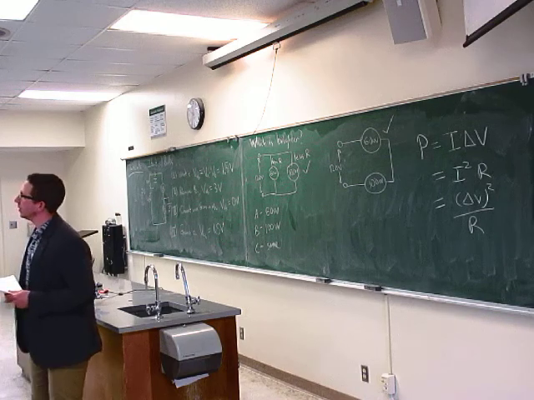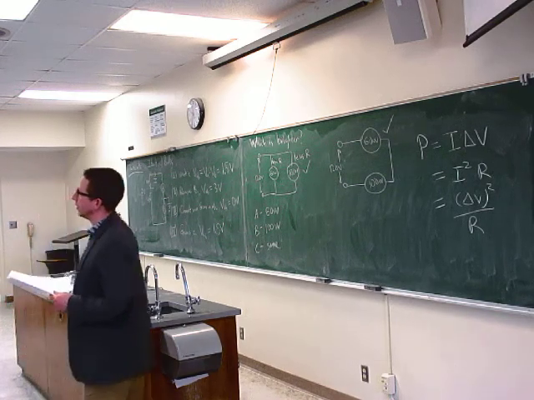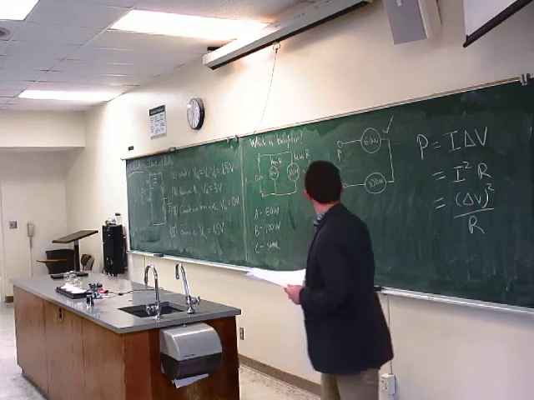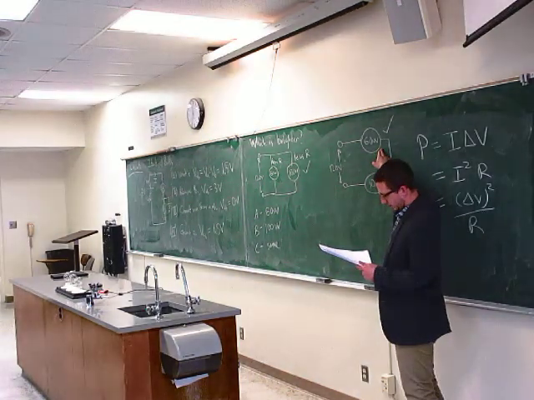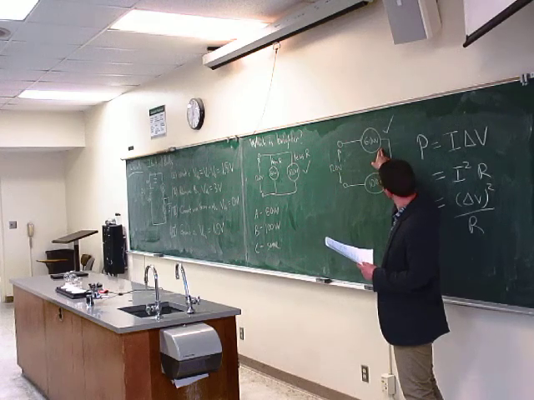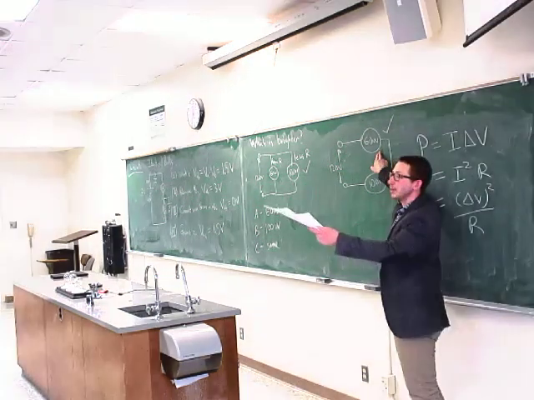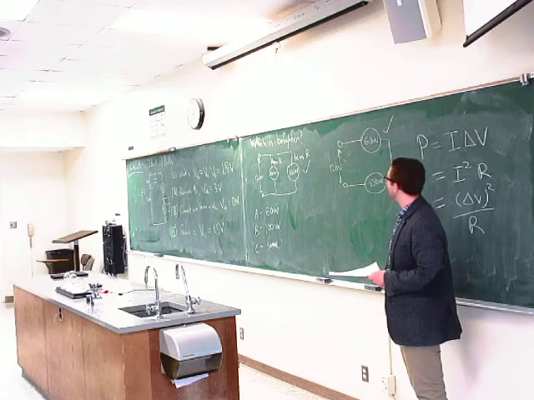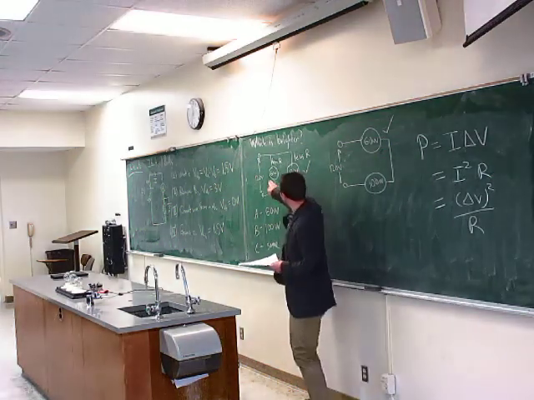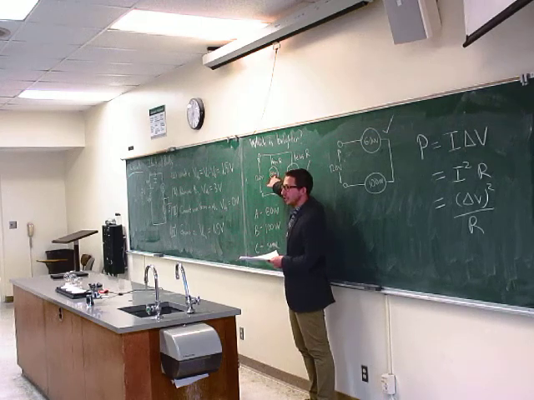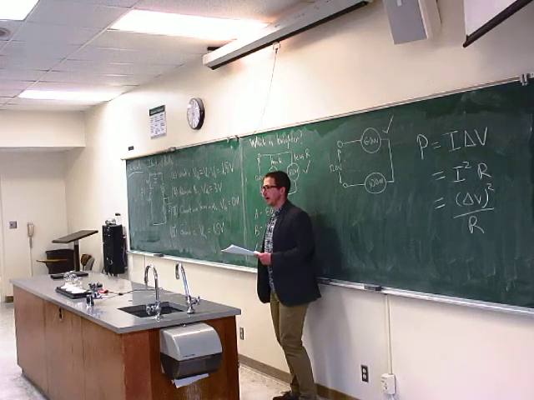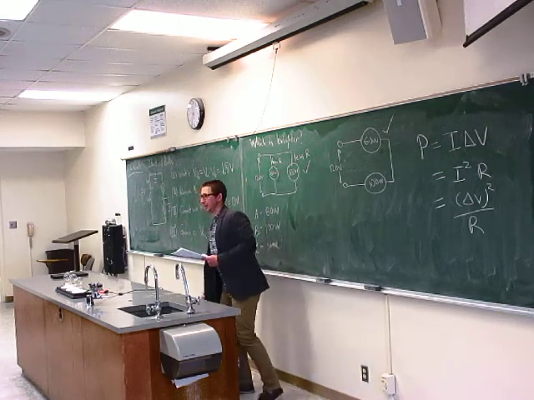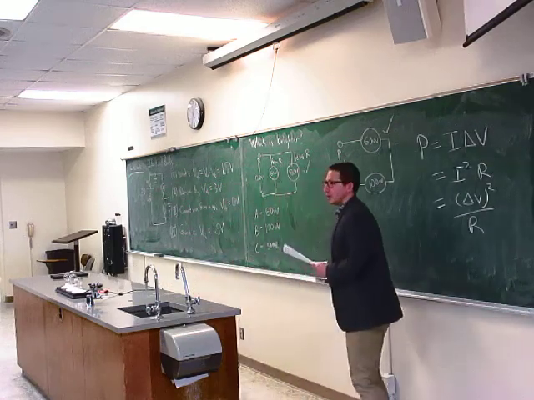Yes? So if the power of the 60 watt is higher than the 100 watt in the second one, is it no longer technically a 100 watt bulb because it's not dissipating 100 watts of power? Excellent point. So this bulb is actually rated to dissipate 60 watts when it's connected across 120 volts, a standard household outlet.